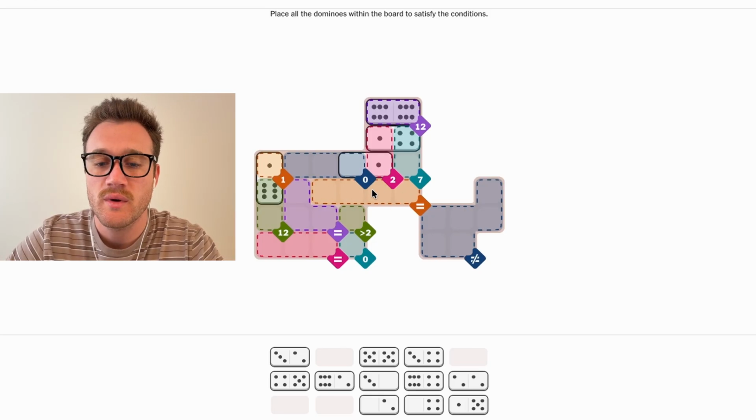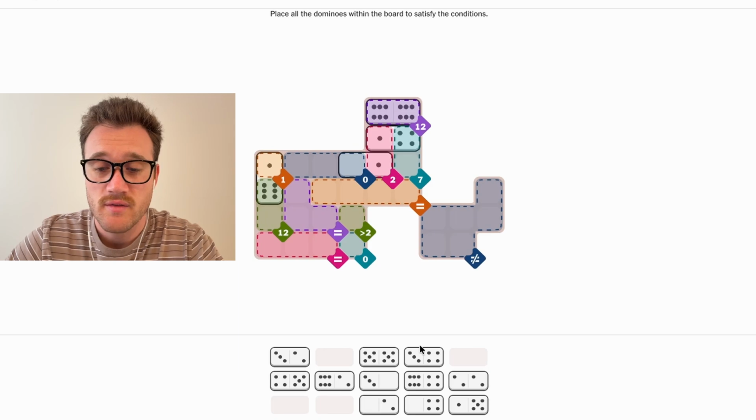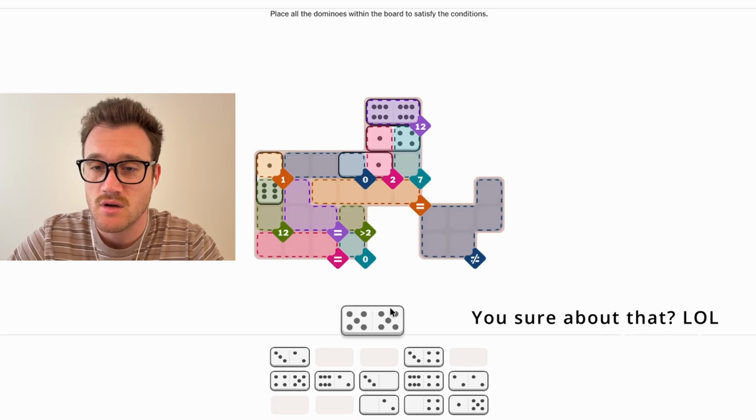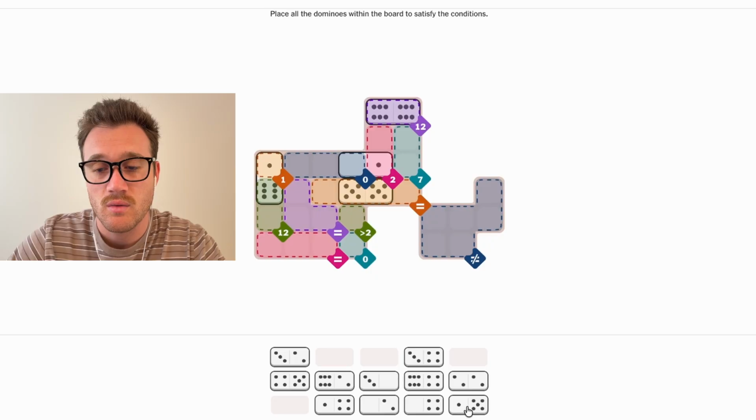So we need to find a 3 that's attached to also a double number. All right, all we have is a 3, 2, a 3, 4, and a 3, 0. None of the other numbers have a double. The only double I'm seeing is a 5. So I think this goes here. And instead of 1, 4, we go 1, 5.